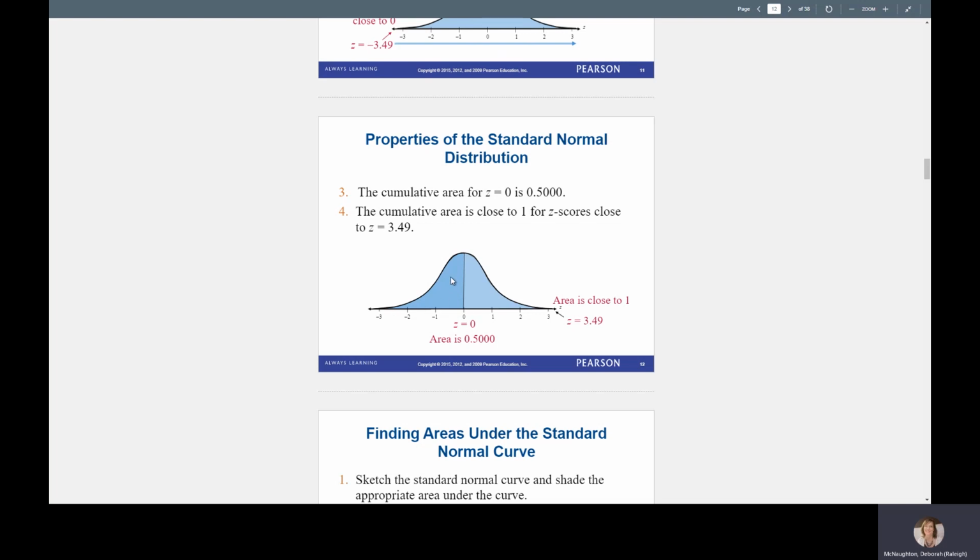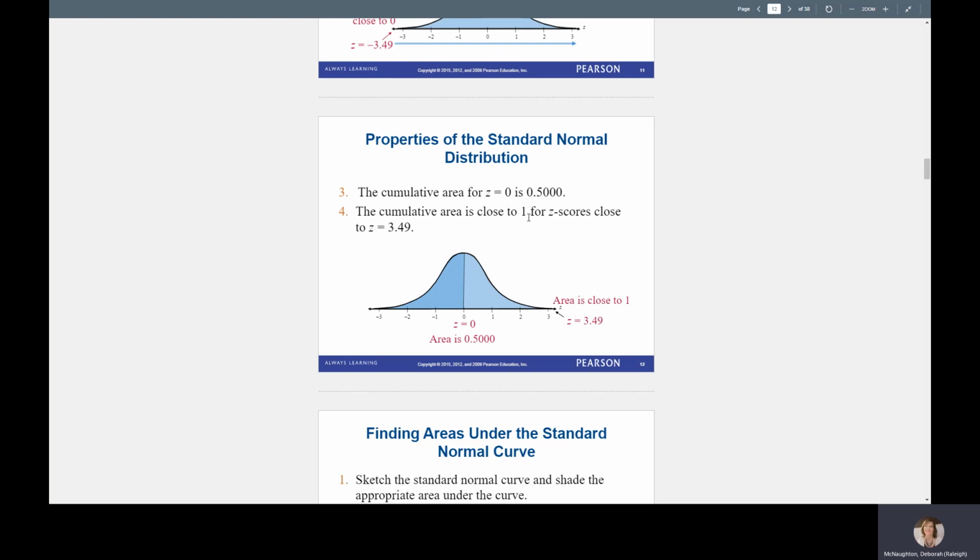So half of the area under the curve is here and half is here, because remember the median is the 50th percentile. So for Z equals 0, the cumulative area is 0.5, and that also corresponds to the probability that Z is less than or equal to 0 is 0.5.